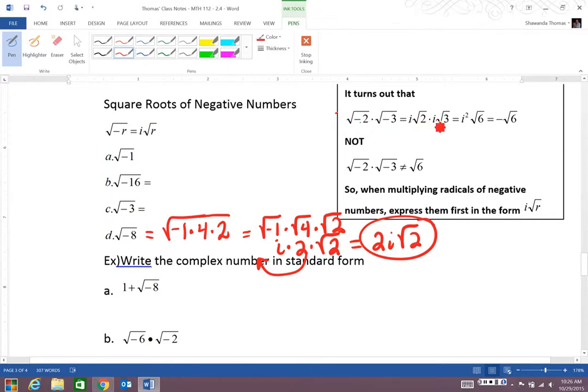The square root of -3 is i square root of 3, because we had to pull out the square root of -1. Then you multiply i times i. i times i is i squared. Square root of 2 times square root of 3 is square root of 6. So the answer is negative square root of 6, since i squared is negative 1. So you cannot just go ahead and multiply this out, because notice you're not going to get the same answer. With complex numbers, you have to pull out the i first.